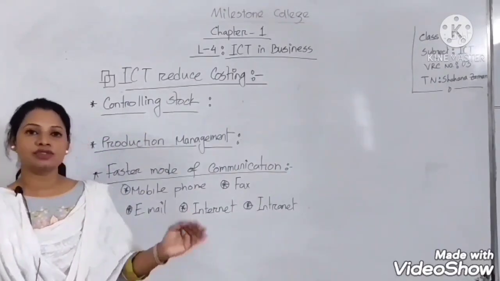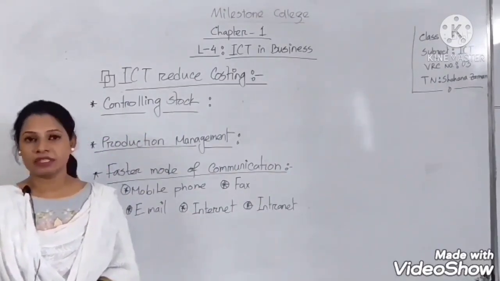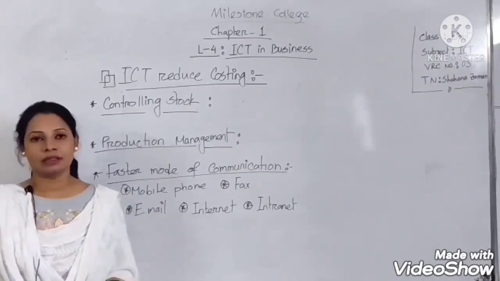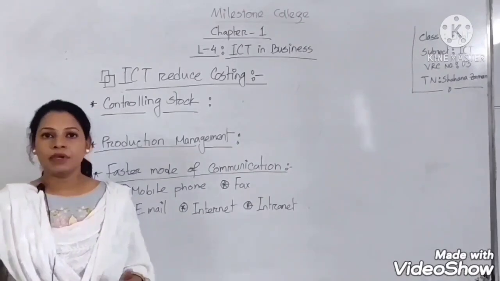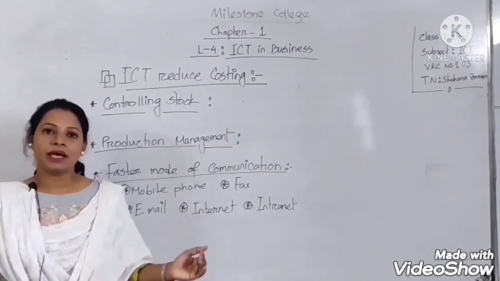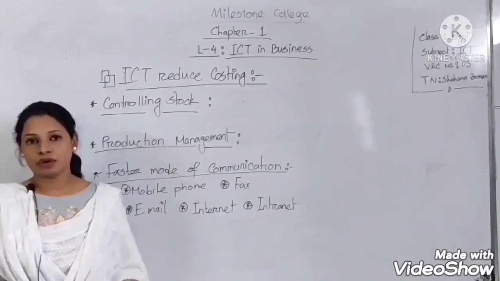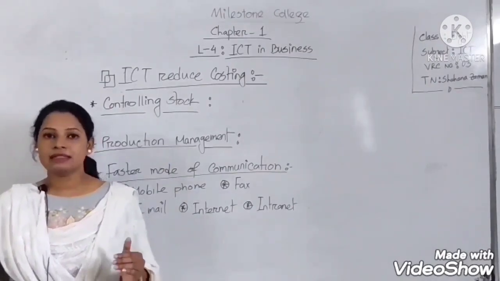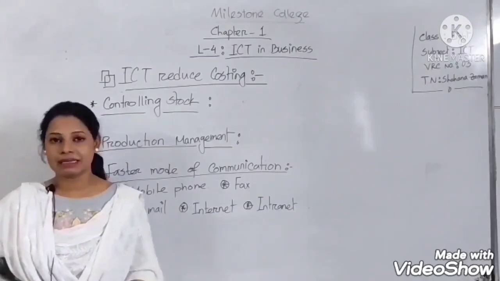Controlling stock is the most important part of business. Businessmen should have an idea of how much product they will stock because they want to supply the market. If they have stock in their storehouse, they cannot supply in the necessary time or real time.